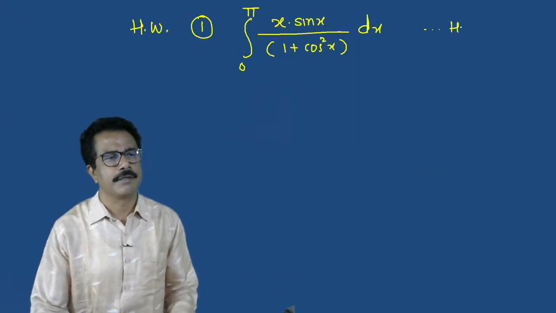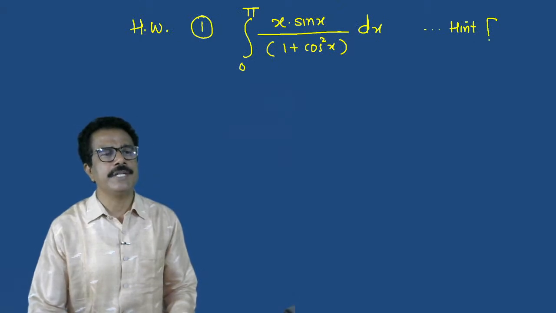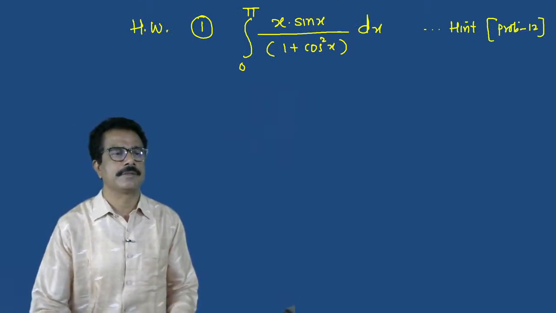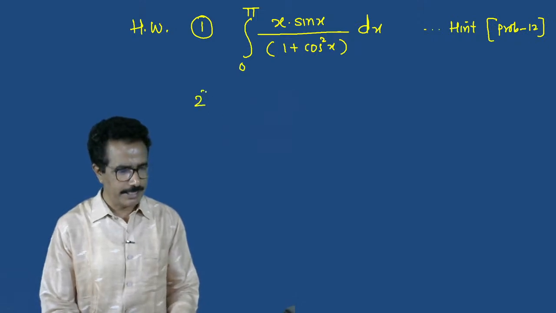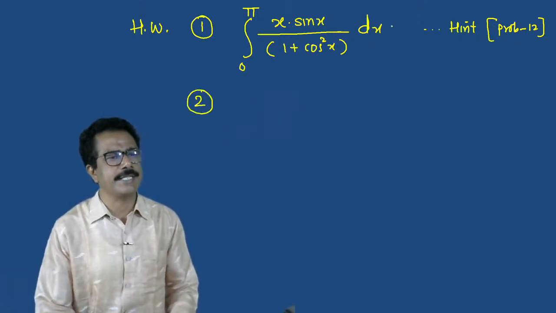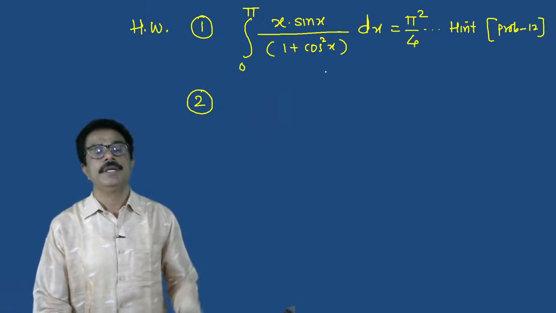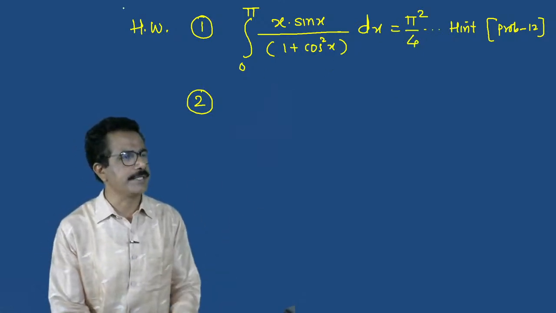Hint: you can use the solution of problem number 12. Second, the result is pi square divided by 4; we have to prove that.